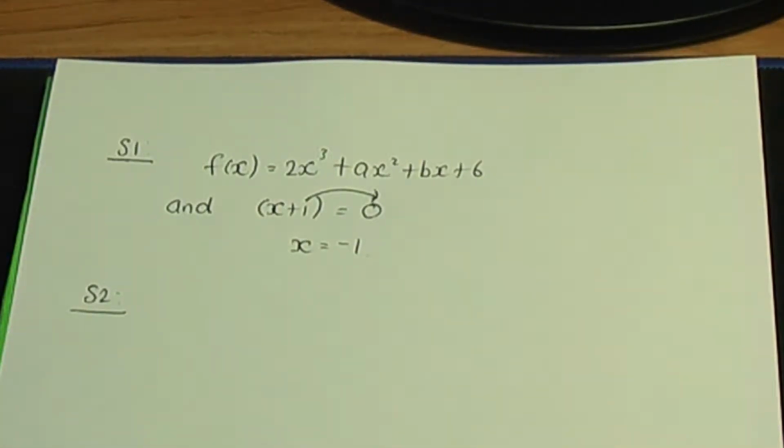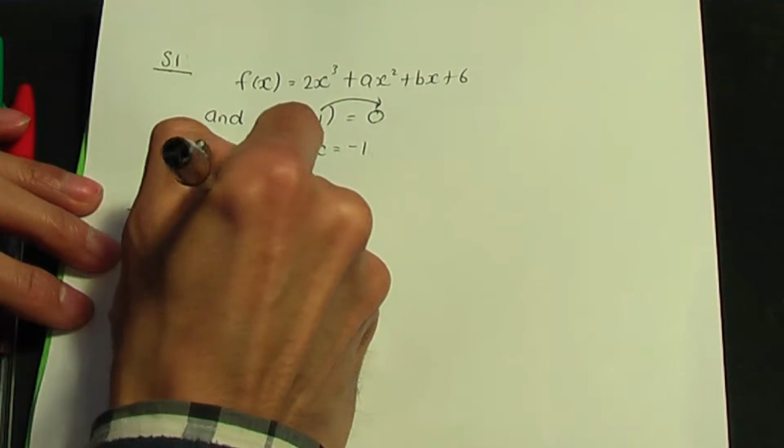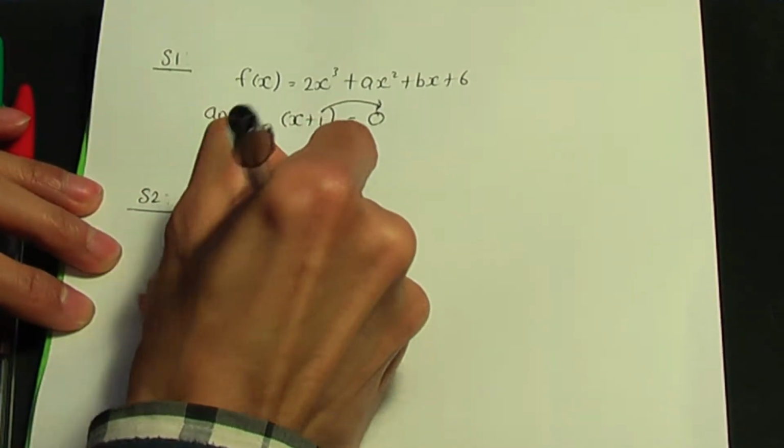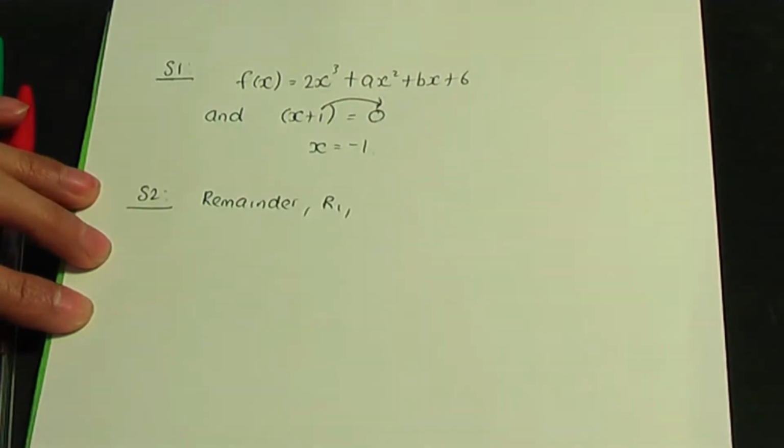If we go back to the screenshot, once we calculate the remainder, the value of the remainder is given for division by x plus 1. The value of the remainder is 12. So if we go back to the paper and pen, let's find this remainder. We'll call the first remainder R1.